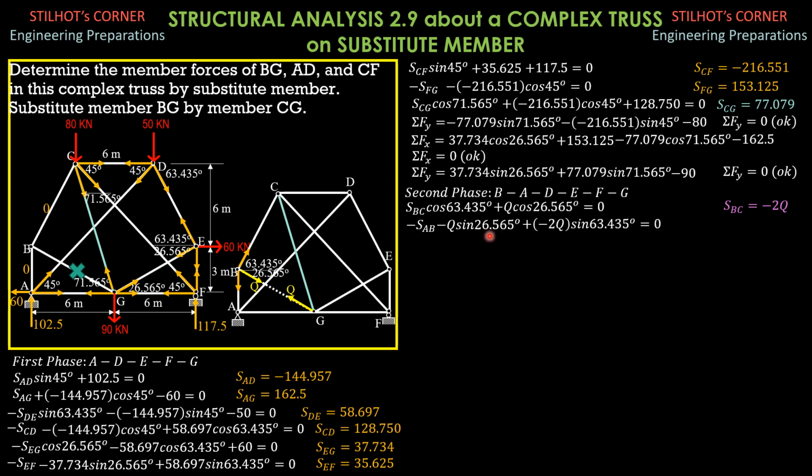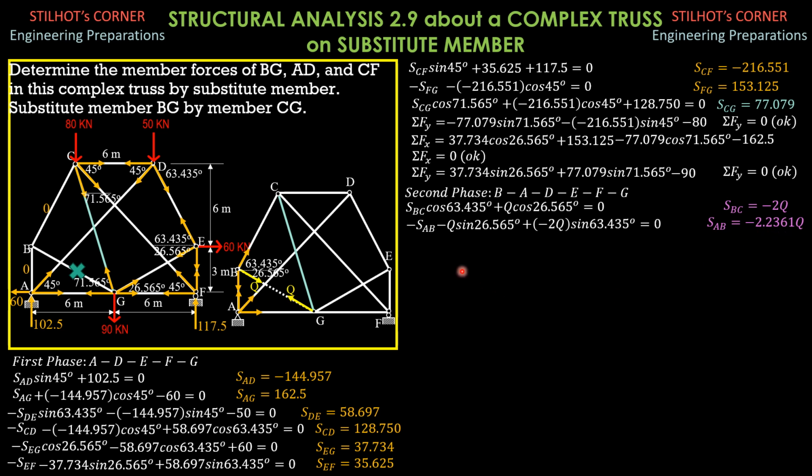We then proceed to joint A, and the free body diagram would be as shown. This angle is 45 degrees. So first, summation of forces vertical to determine SAD. SAD sine of 45 degrees plus SAB, which is negative 2.2361 Q, equals 0.